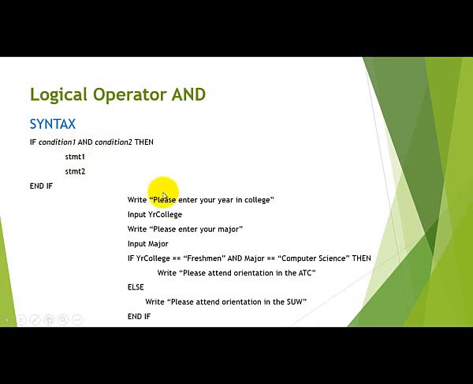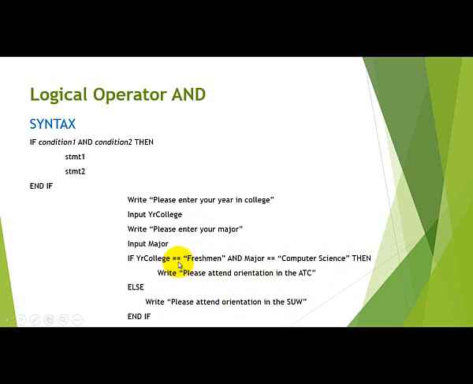So here we have in our example, please enter your year in college. Please enter your major. Again, this is a snippet. If your year double equal sign freshman and major equals computer science, then please attend orientation in the ATC, else please attend orientation in SUW. So the Student Union West.